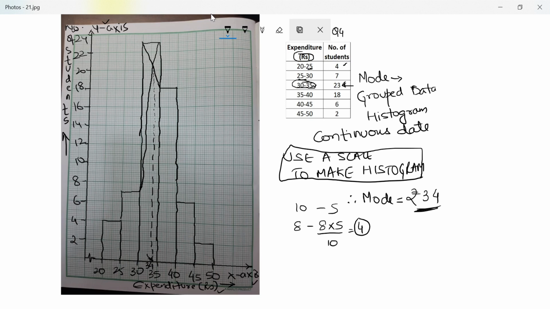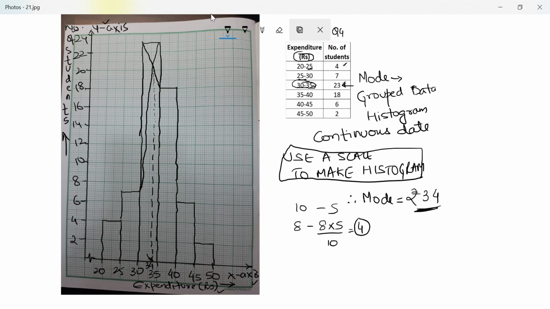So what did we do? Quick revision. We created a histogram, and after creating the histogram, we went to the tallest tower, which is basically the modal class, and from the modal class we drew a straight line from the lower limit of the modal class to the lower limit of the next class on the right hand side, and then we drew another line from the upper limit of the modal class with the upper limit of the preceding class interval.